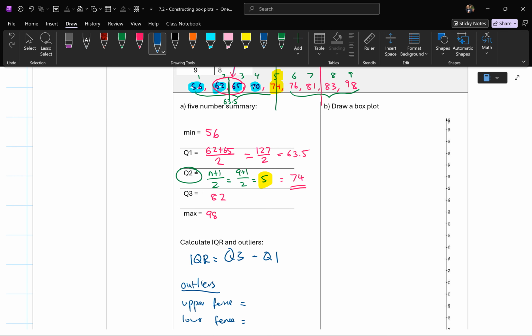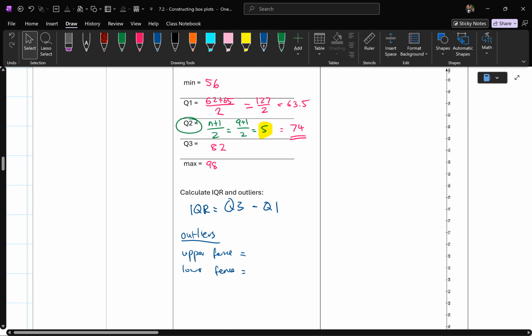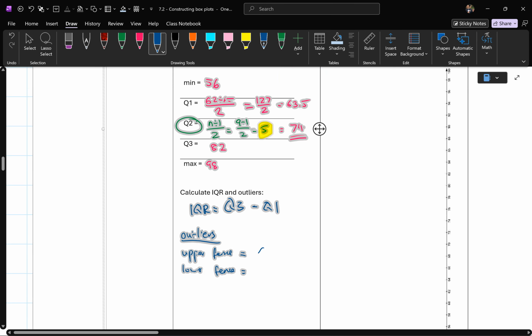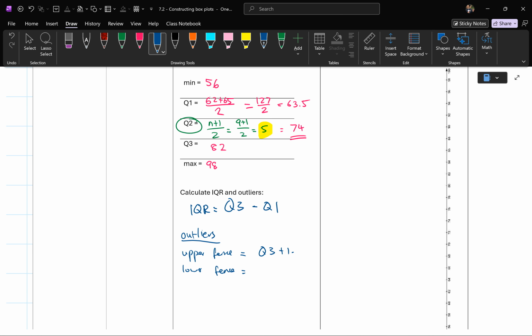Callum, what's the formula for the upper fence? It is Q3 plus 1.5 times the IQR. Good. So for those who've forgotten, upper fence is Q3 plus 1.5 times IQR. Lower fence is Q1 take away 1.5 times IQR. That's how you work out any outliers.